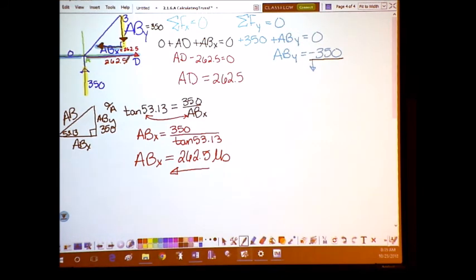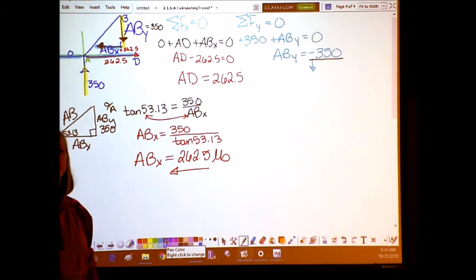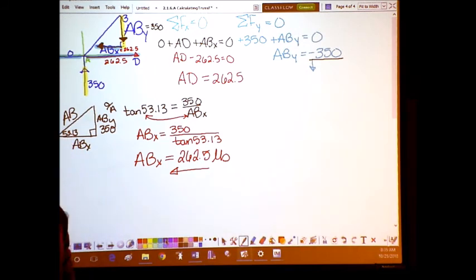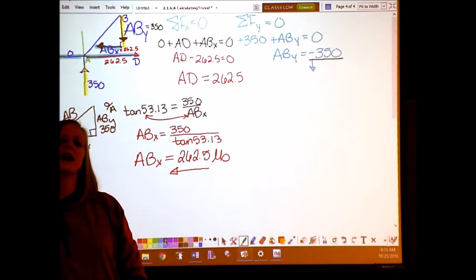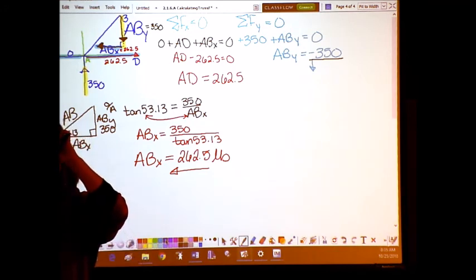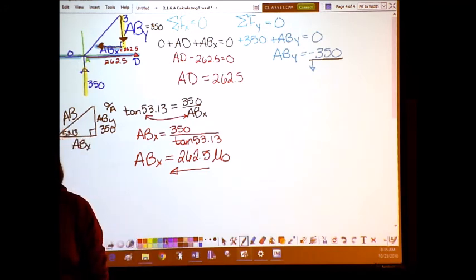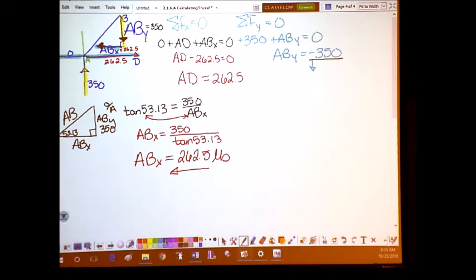What is the only thing we have not solved for so far? I know it seems weird, it's actually the most important thing. Does anybody know what we have not solved for? We already have AD, AD is 262.5.